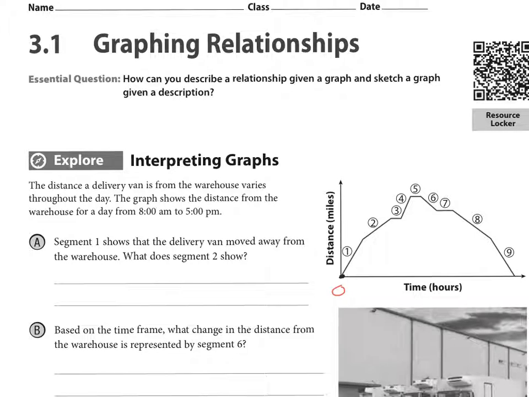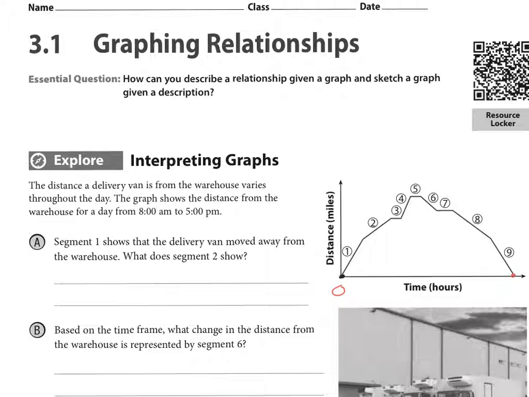It's 0. Now, that's not how it refers to it in the problem. It refers to the start of our day as what time? 8 a.m., okay? But as far as the amount of time that's transpired, 8 a.m. is equivalent to 0. We do our deliveries, do all that stuff. We come back to the warehouse at what time? 5 p.m. We come back at 5 p.m., but that's not what would go right here.